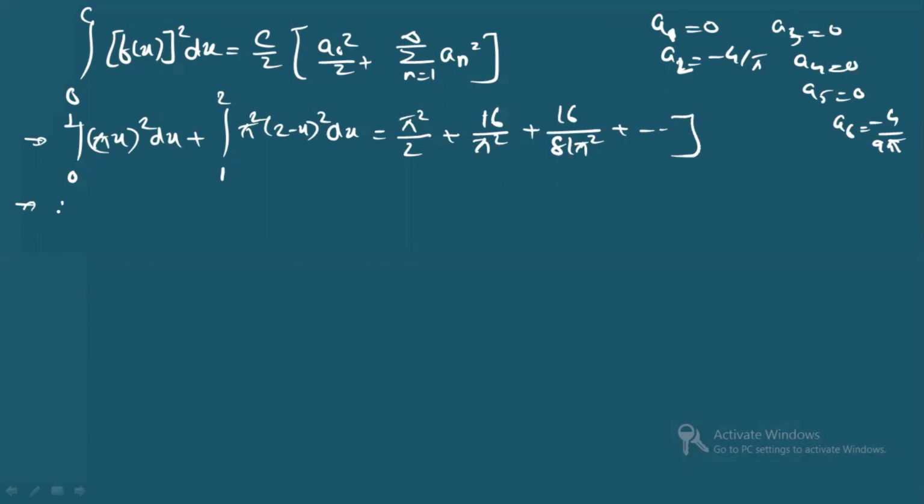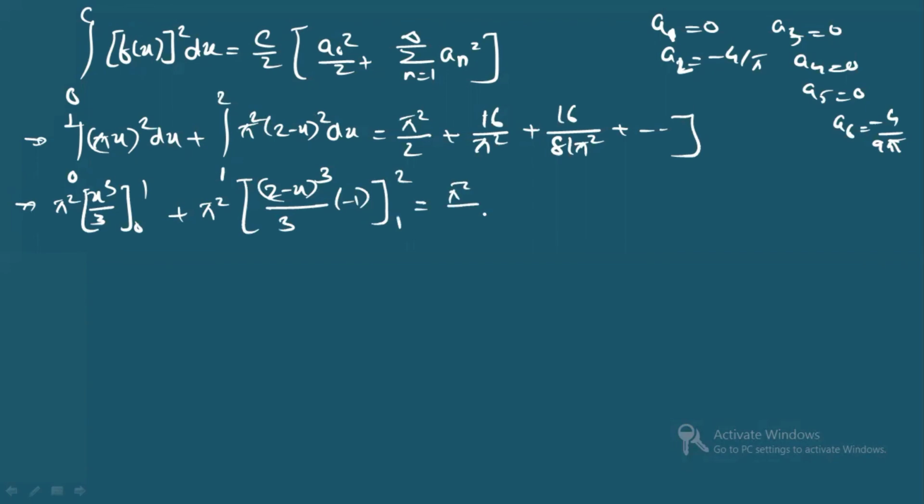So here pi square is as it is, x square on integrating will give x cube by 3, upper limit minus lower limit, plus pi square as it is. So 2 minus x, n plus 1 means 3, and on differentiating this one, you will get minus 1, right? So the limit is 1 to 2. Here you will have pi square by 2 plus 16 by pi square plus 16 by 81 pi square and so on.